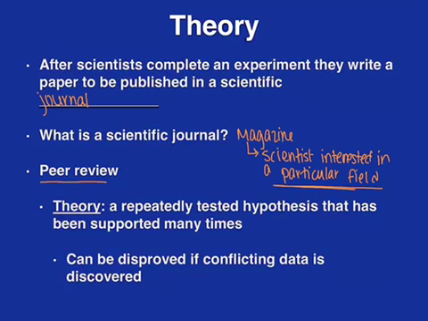If they get the same or similar results, it would support it many, many times, which could lead to some new scientific theory being written. The thing about theories is that they can be disproved if any conflicting data gets discovered.